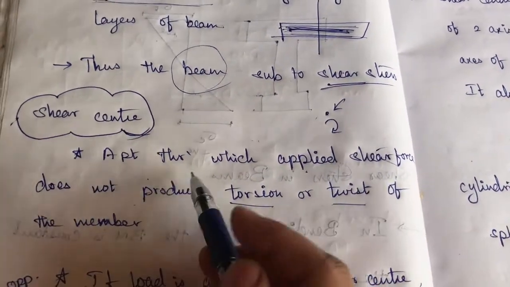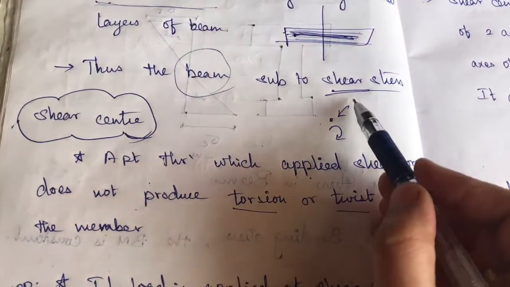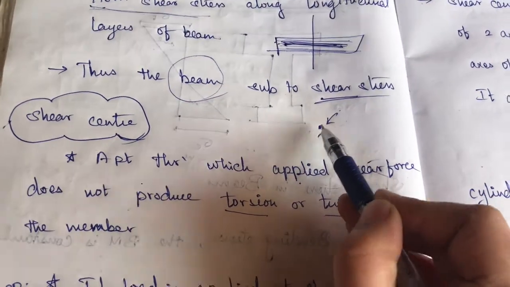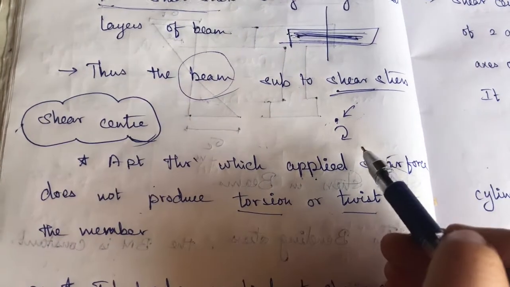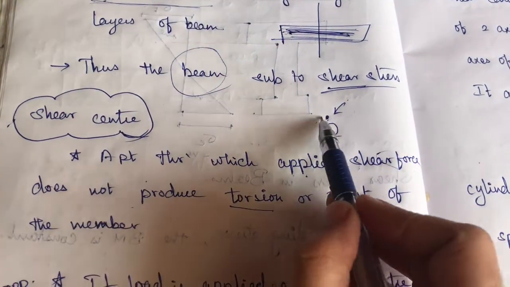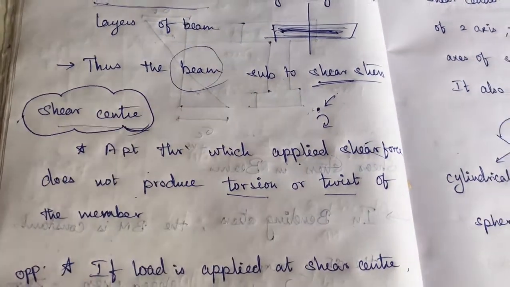So a point through which a force is applied. So the force is applied to the point and at that point there is no twist or torsion. So we can directly say that point is the shear center.